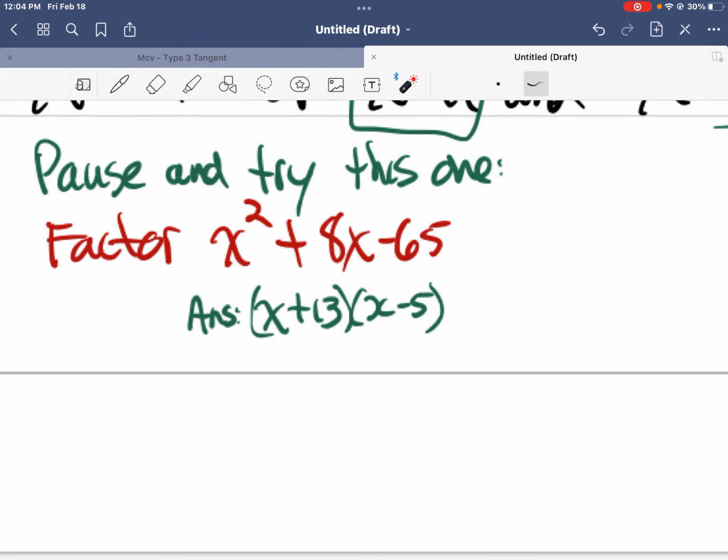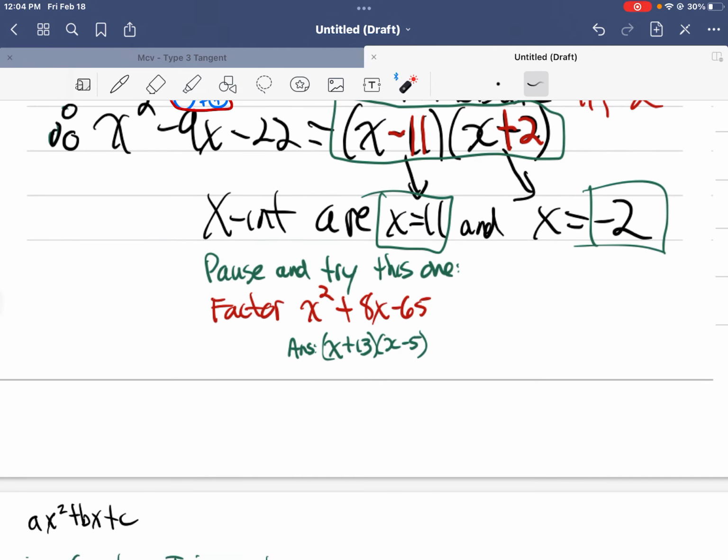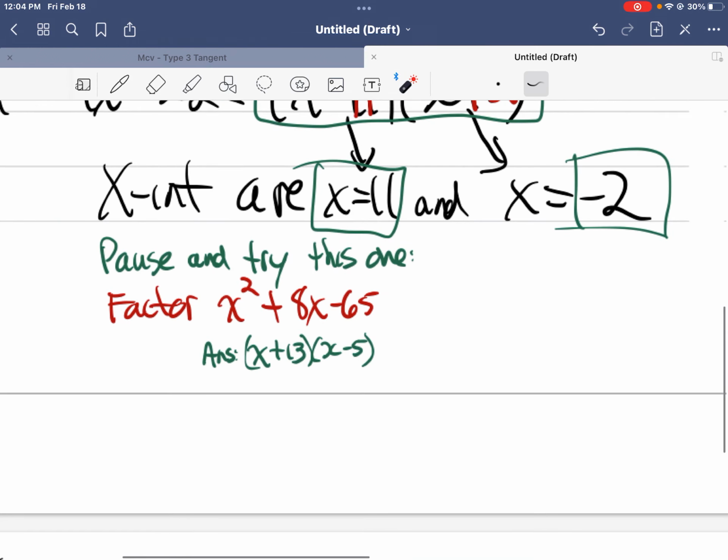Just knowing that both numbers are odd is really helpful. And again, they have to add up to positive 8, so what does that mean? If they add to a positive 8, that means the positive is bigger. Okay, so go ahead, try that one, pause, and then check your answers there. All right, so good luck and happy factoring.